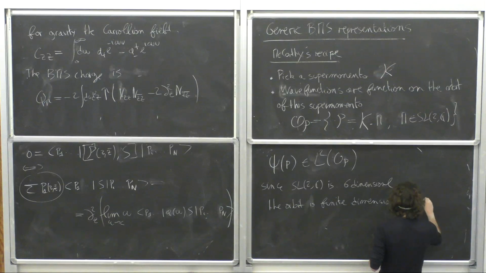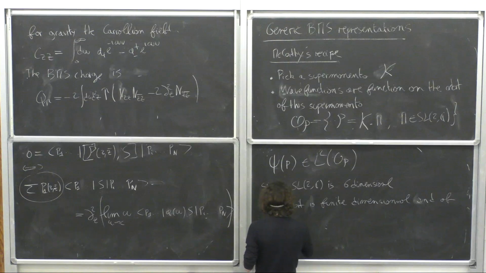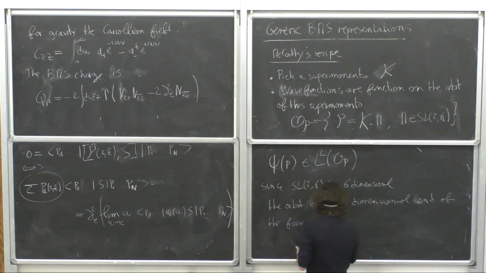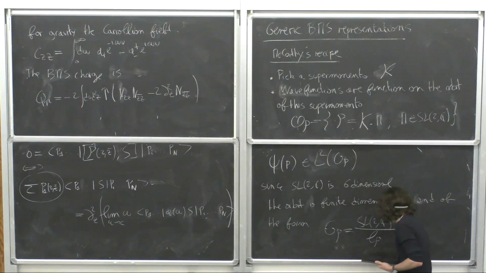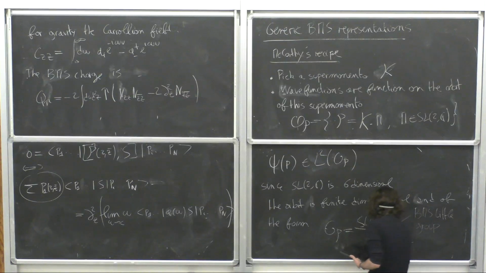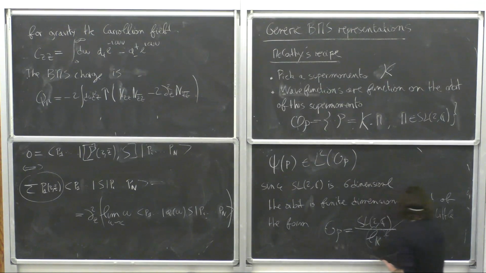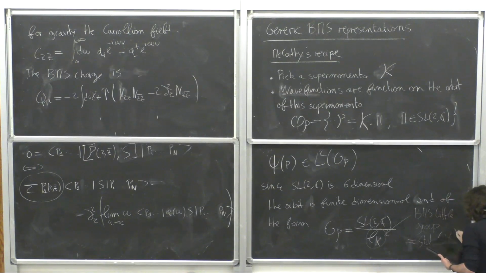And it is of the form: the orbit O of curly P equals SL2C quotiented by L curly P, where this is the BMS little group, which I think I call curly K. So the BMS little group is the stabilizer of this reference supermomenta that I choose.